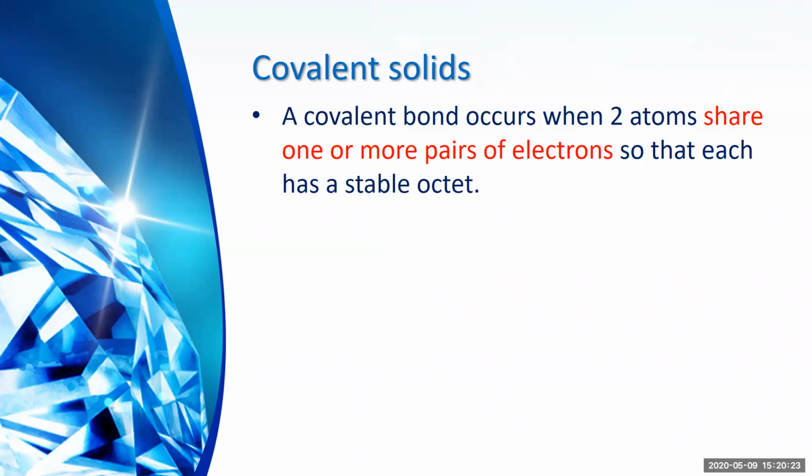Covalent solids. We've learned before that you can get a solid molecular substance by having a lattice of molecules, but a covalent network substance is different. A covalent solid forms when a covalent bond happens between two atoms by sharing electrons.